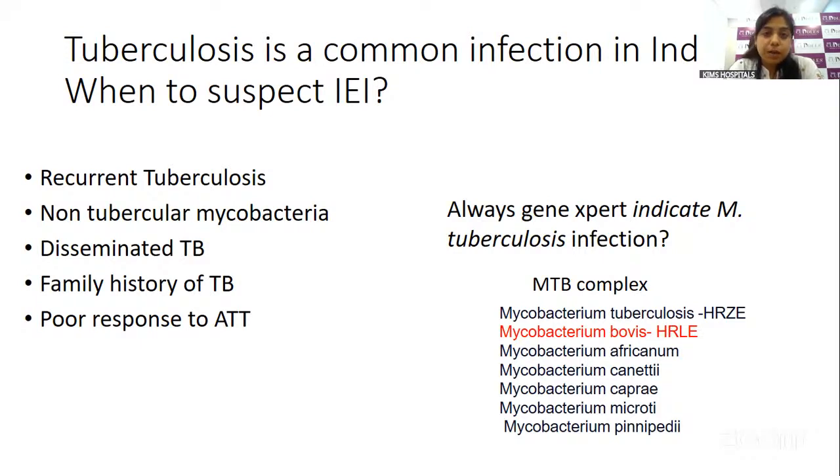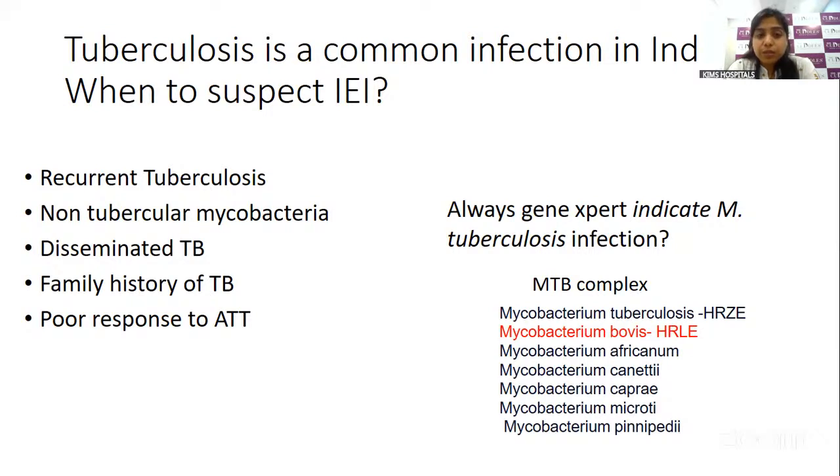So why is it important? Because the treatment protocol changes for all of these infections. In case of tuberculosis, we give HRZE. In case of bovis, since bovis is inherently resistant to pyrazinamide, we give HRE, and the duration also changes. For the rest of the mycobacteria, we have to modify ATT, and generally give a second line drug, like how we treat NTM, based on the sensitivity.